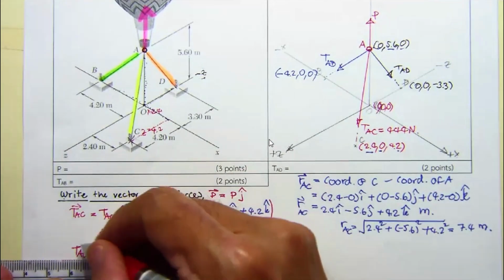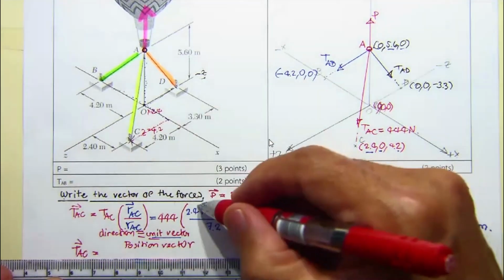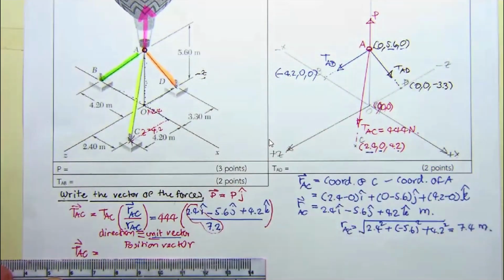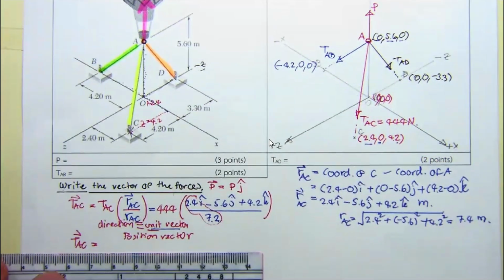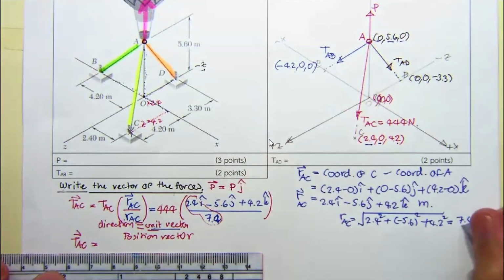Now you put it slowly. T sub AC is going to be equal to, just take this one. Oh, 7.4. That's good to see. 7.4. Okay. Thank you very much.